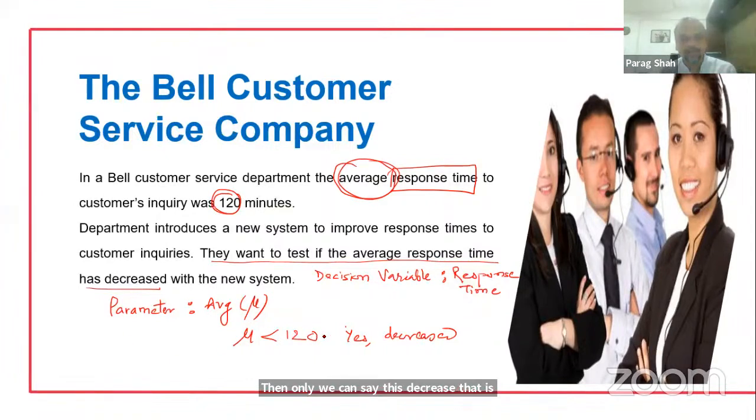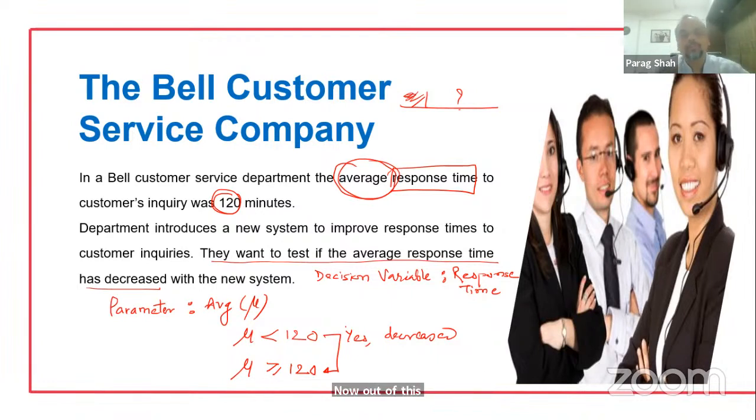What will be complementary to this? For less than, what are the other options left out? If you recollect, I had explained this. This is less than. What are the other options left? The other options left will be mu greater than or equal to 120. Now, out of these two, if you recollect the definition, equal to always comes in the null hypothesis.